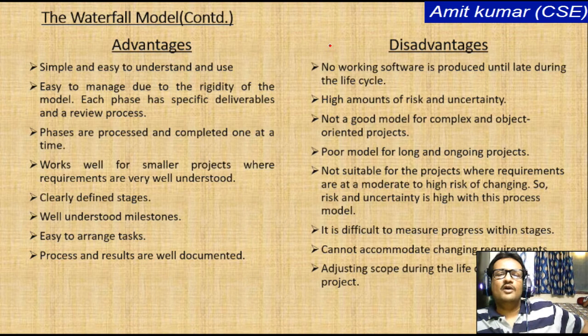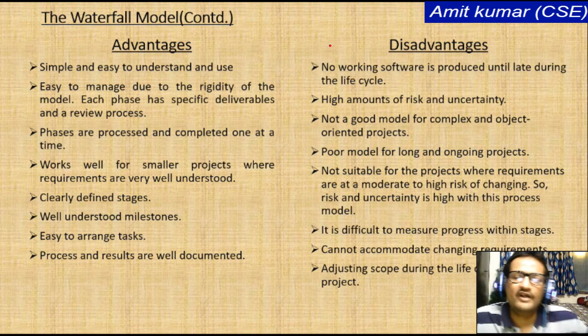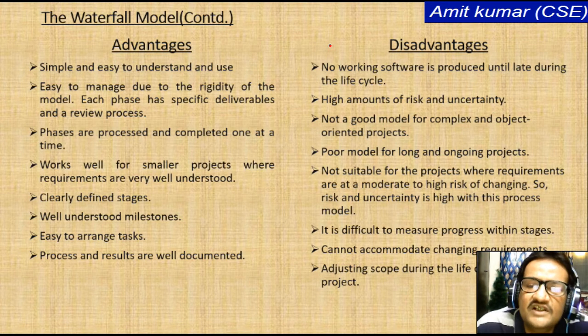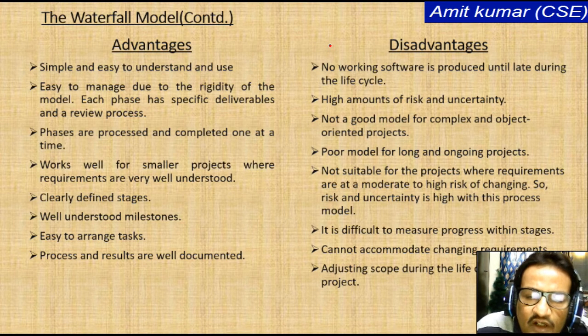It is not a good model for complex object-oriented projects. It is a poor model for projects where the requirements are at moderate to high risk of changing. It is difficult to measure progress within a stage, we cannot accommodate changing requirements, and adjusting scope during the life cycle can end a project.